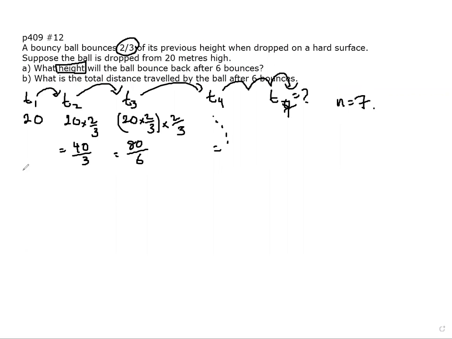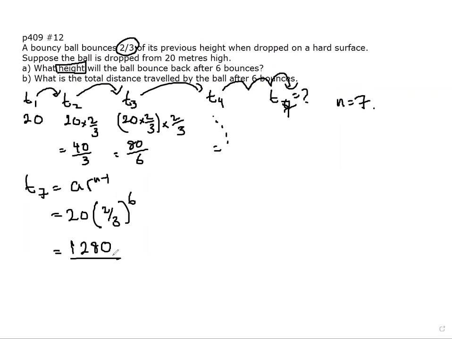Here we go. T7 is going to be a r n minus 1. My starting value is a 20. My ratio is a 2/3. And my n minus 1, that's a 6. I have to plug this into the calculator. 64 times 20, 1,280 divided by 3 to the power of 6, please. 729.